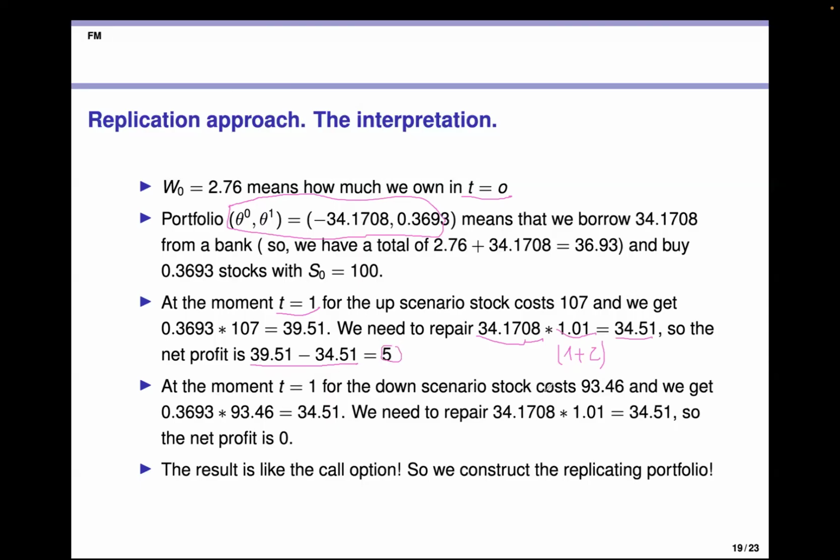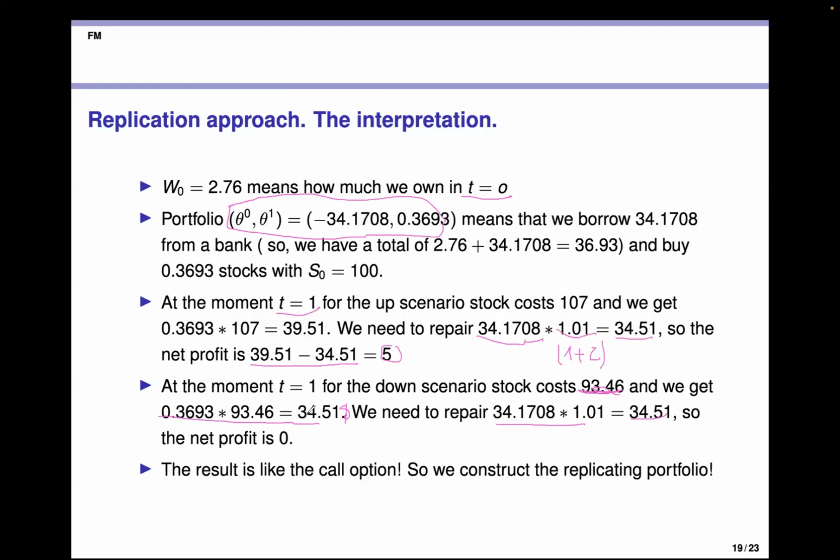In the down scenario, stocks cost 93.46, and we get this amount of euro, because the number of stocks is this, and we need to repay the same.